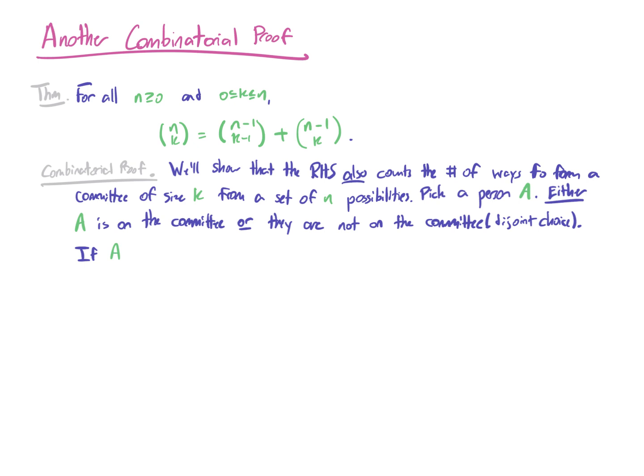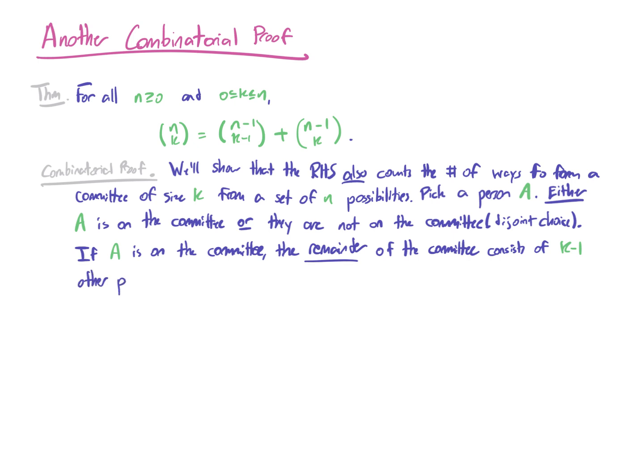If A is on the committee, the remainder of the committee consists of k minus 1 other people chosen from the set of n minus 1 other possibilities.